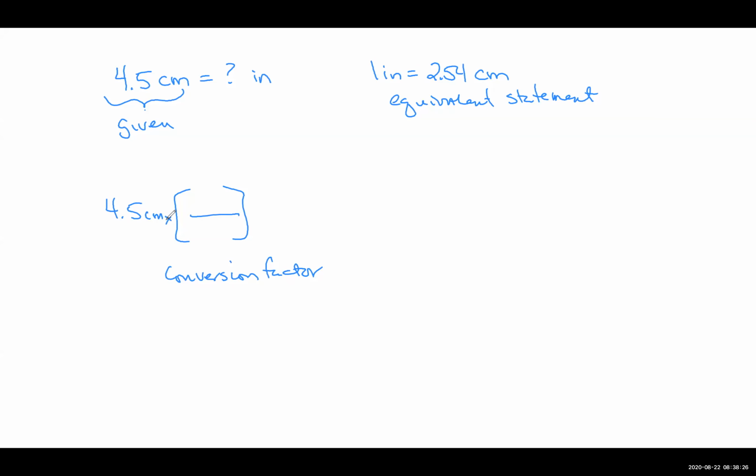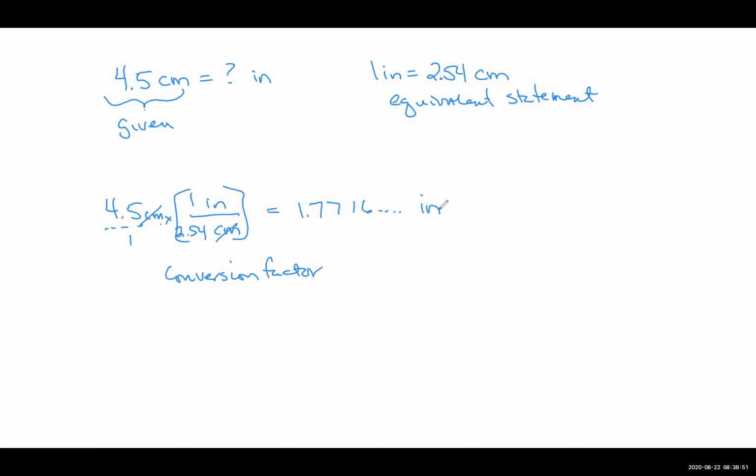Now I want to get rid of centimeters in this problem, and so if this is already on top, I need to put centimeters here. So I'm going to have 2.54 centimeters, 1 inch here. I'm going to have to take 4.5 and divide it by 2.54. If I do that on my calculator, I'm going to get 1.7716 and maybe a couple more numbers. Centimeters will cancel. I'm now in inches.